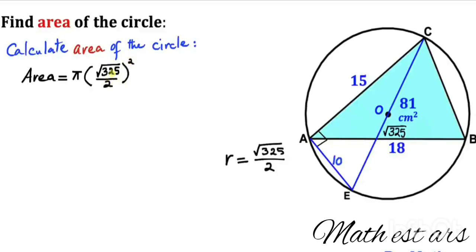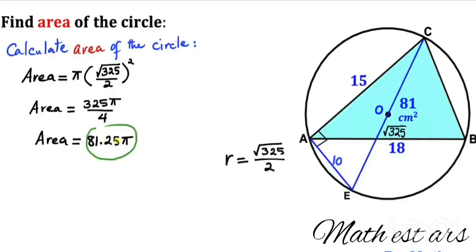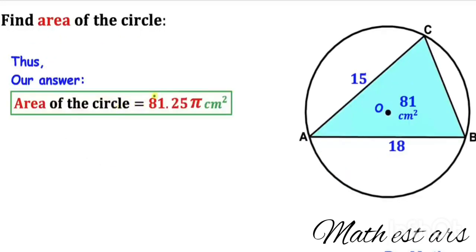And if we simplify the right hand side, the area of this circle is going to be 325 pi divided by 4, and that is going to be equal to 81.25 pi. So thus the area of this circle turns out to be 81.25 pi centimeter square.